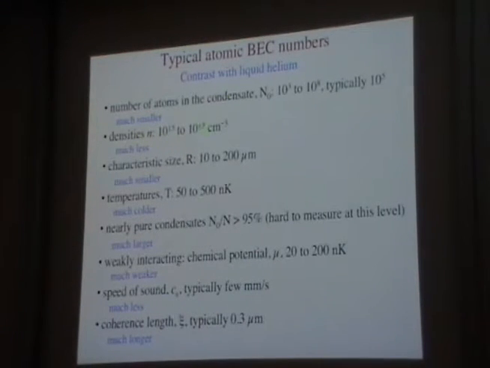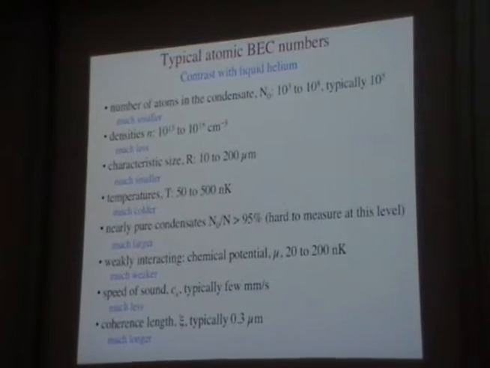Usually if you try to go to higher densities, three-body collisions and other bad processes start destroying your condensate. The characteristic size, because of the interactions of the atoms, blows the wave function up. The characteristic size of your BEC is typically on the order of tens of microns. And the temperatures are in the range of just under a microkelvin all the way down to 50 nanokelvin.